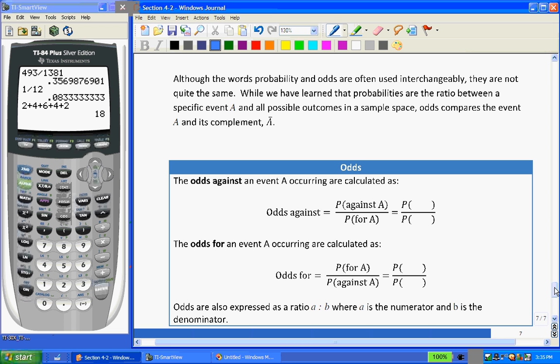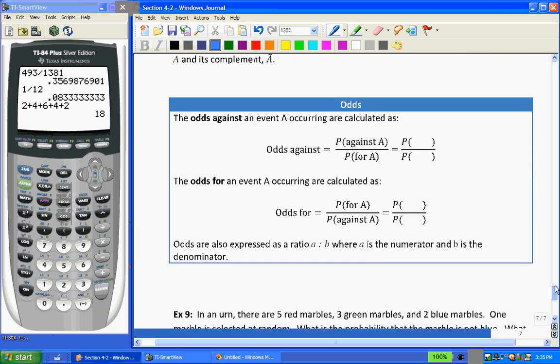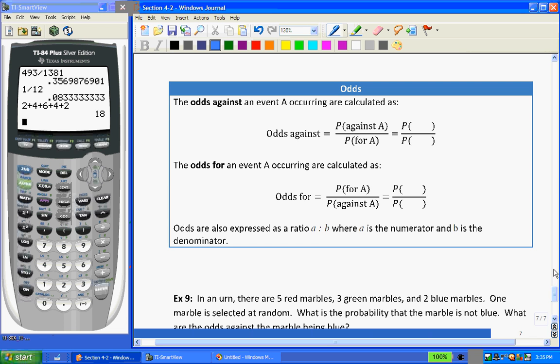A probability is usually going to be a percentage or a decimal, whereas odds is a ratio comparing the event happening versus it not happening. So here's a little table, a formula for odds. We also have odds against and odds for.